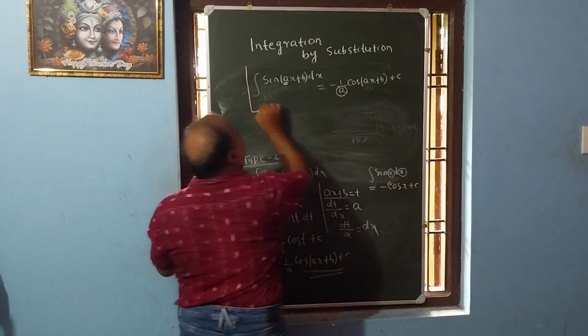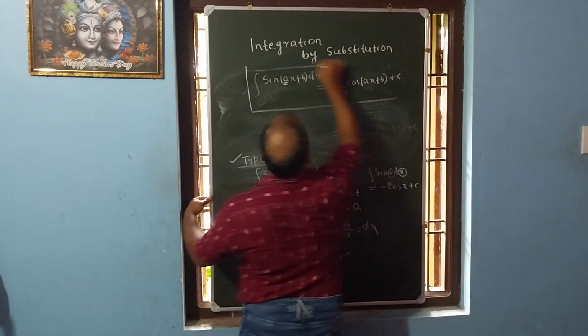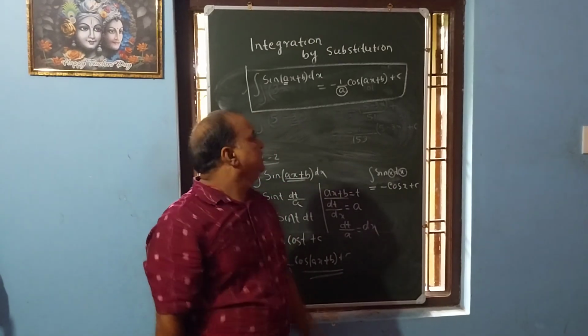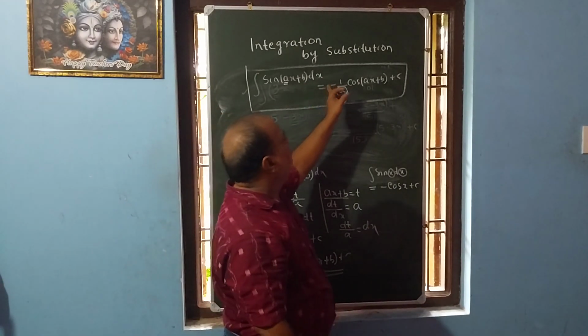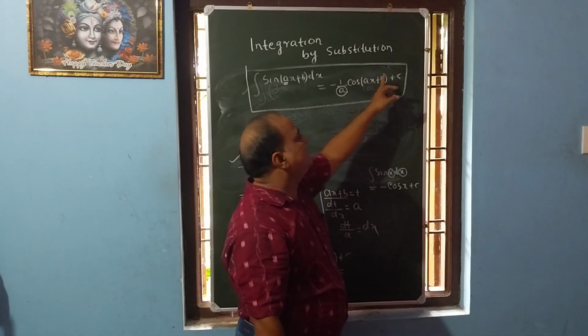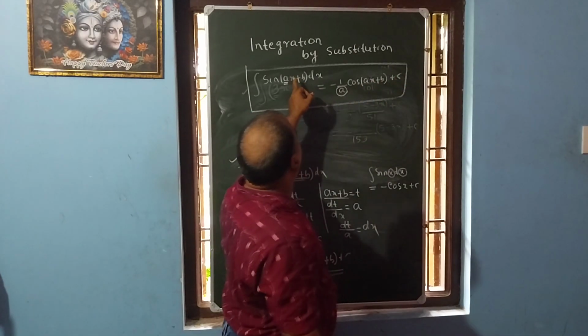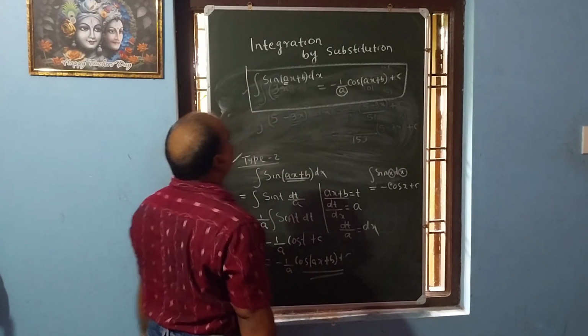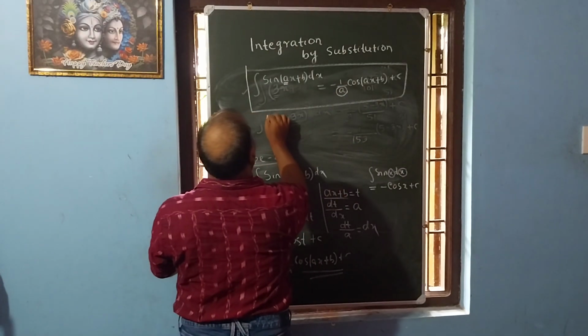This is the formula you have to remember. The coefficient of x must be divided here. So using this formula, we have to find some problems.